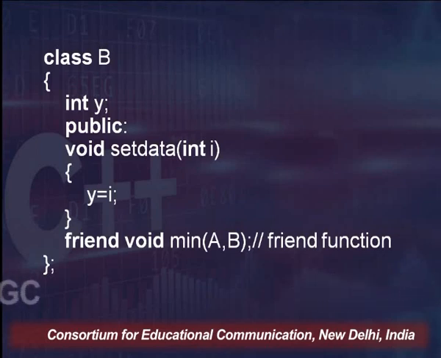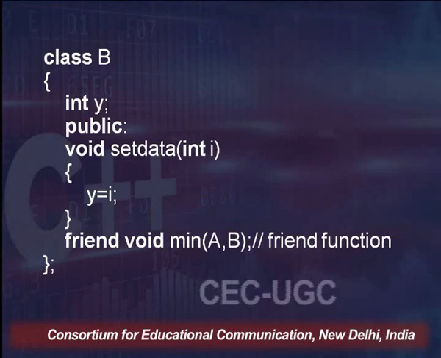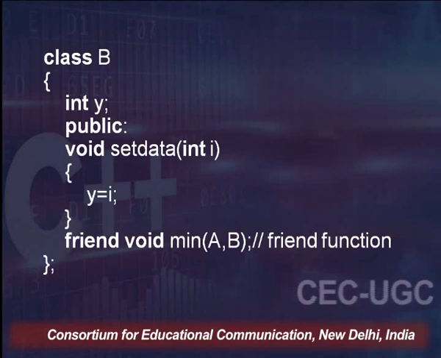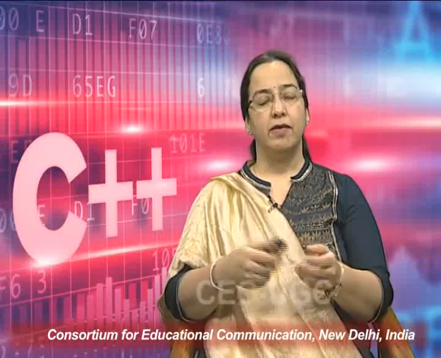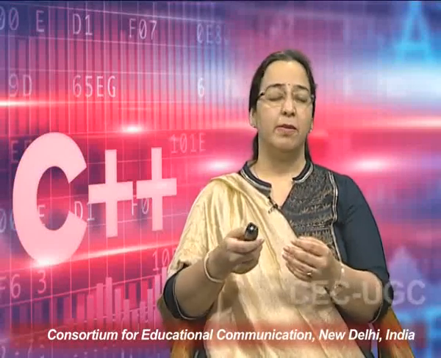Now, what is left? We are left with two things. One is the definition of the minimum function, and another one is the usage of this minimum function within the main. So, first let us understand how this min function is implemented.